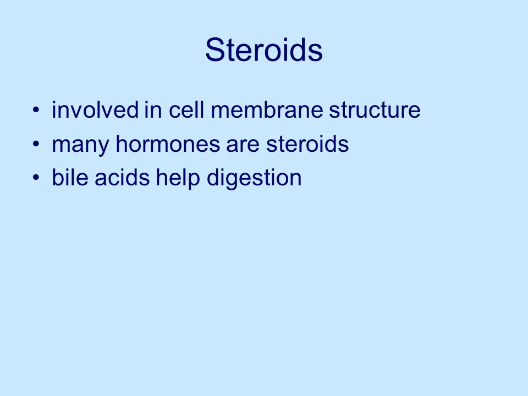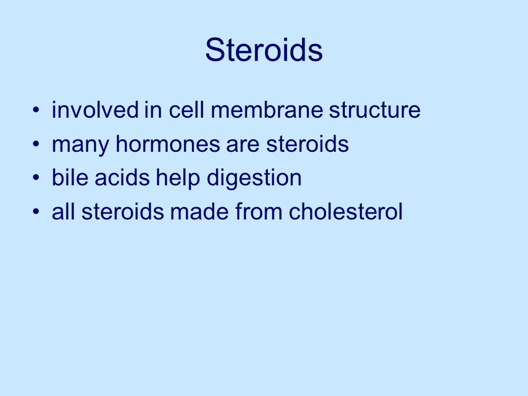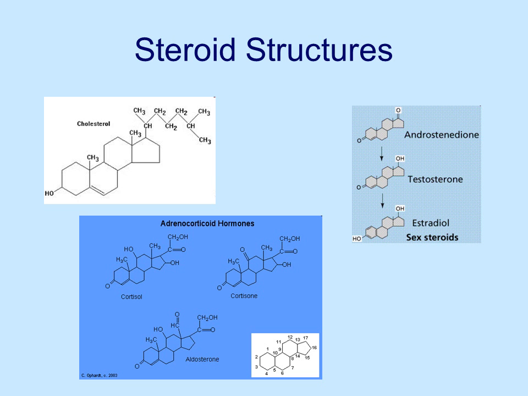Bile acids are a form of steroids and they help digestion. All steroids are made of cholesterol. Cholesterol is the basic molecule. It would be the parent or the starter molecule. And here's some structures. You can see the cholesterol in the white image, and then you can see some structures of different hormones that have that basic cholesterol structure in it.